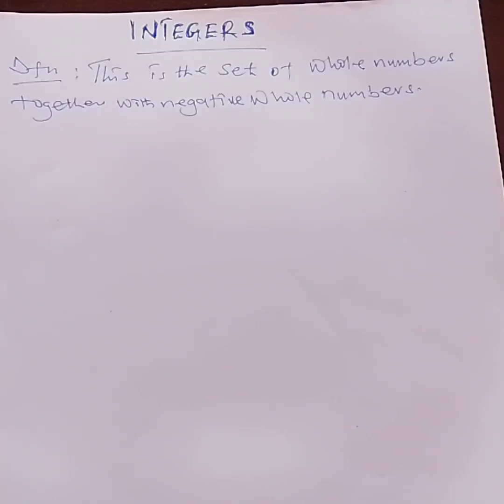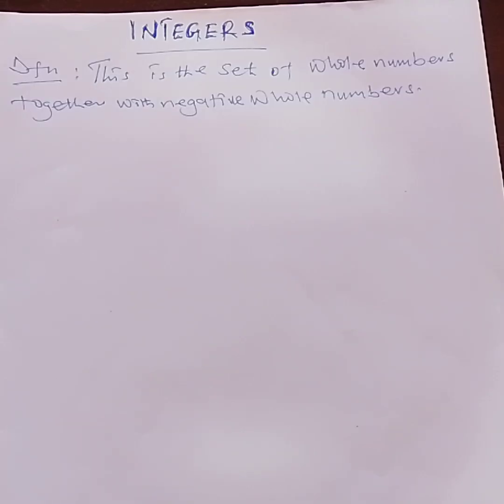So you find in one number line that all numbers, negative and positive, are combined in one line. One side is negative, the other side is positive.